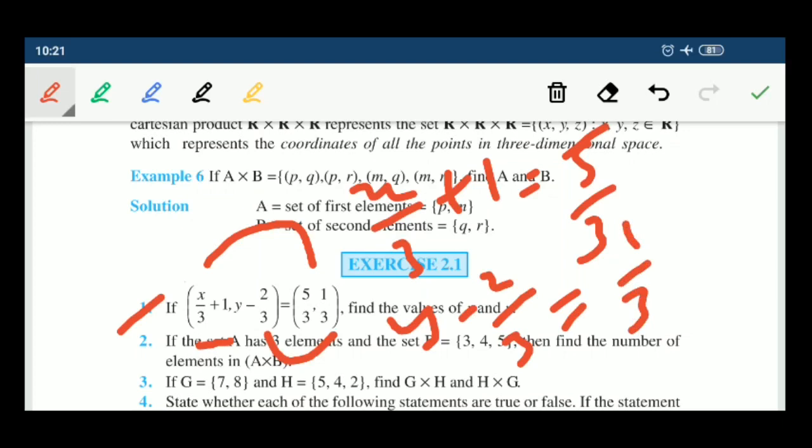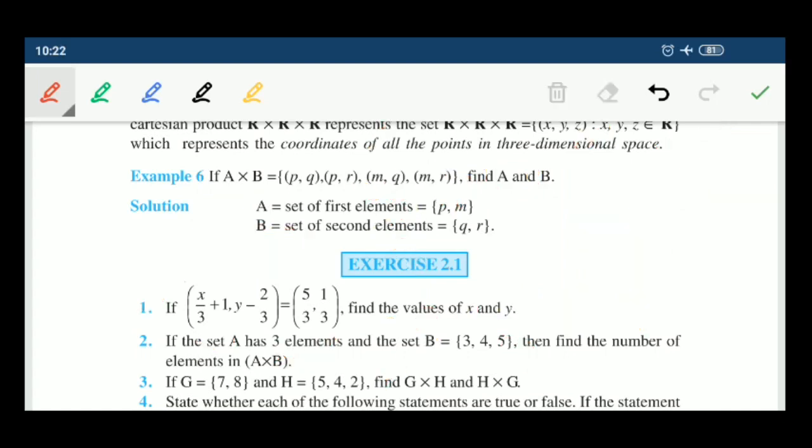This is your first equation and here is your second. From the first you will find the value of x, and from the second you will find the value of y, and after simplification the value of x is equal to 2 and the value of y is equal to 1.